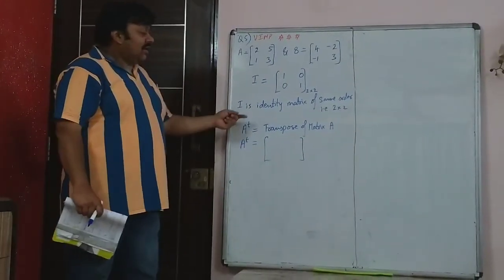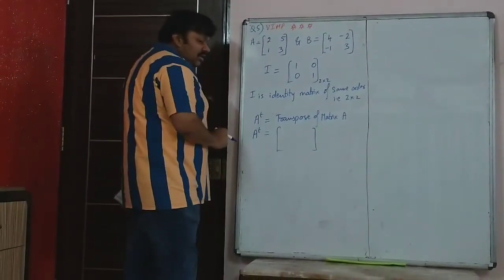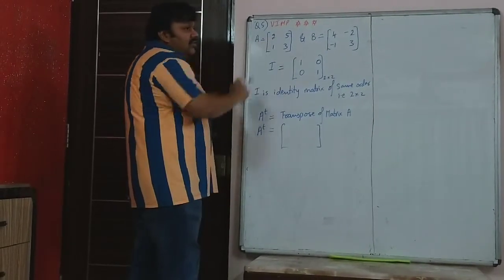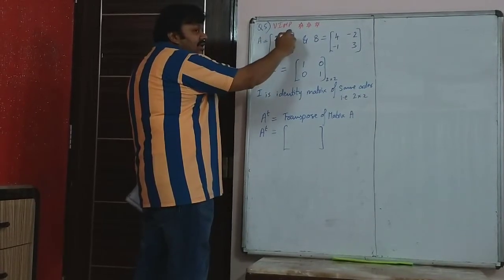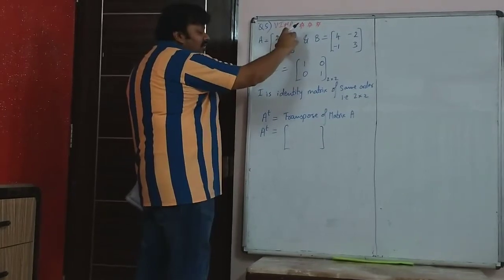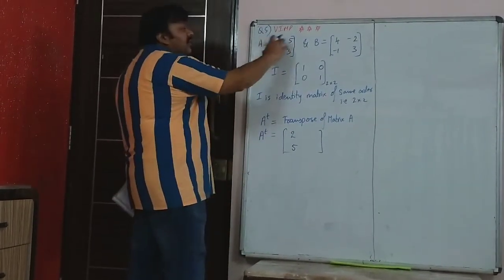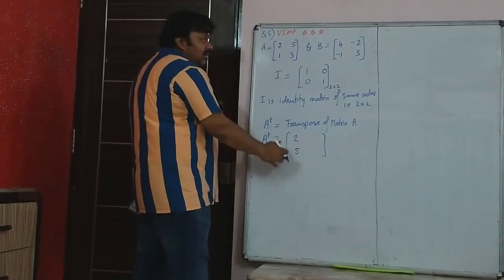Then A^T is the transpose of matrix A. So how do you find the transpose of matrix A? The rows and columns are basically interchanged. So the first row here will become the first column here. So 2, 5, instead of writing it horizontally, you will write it vertically.